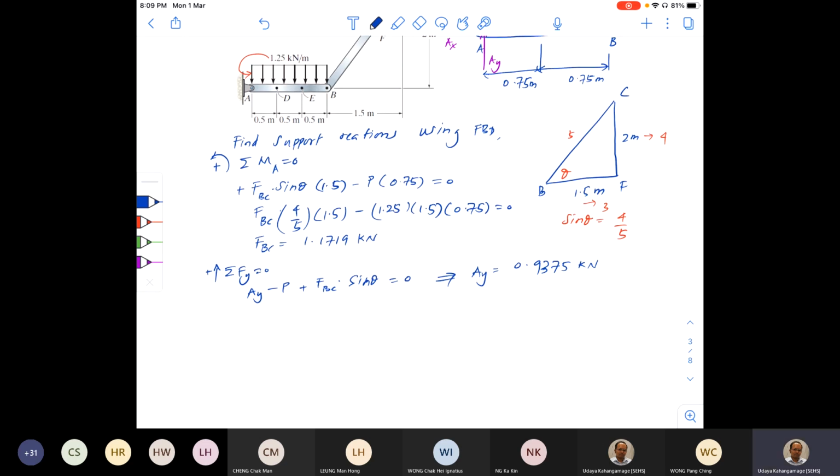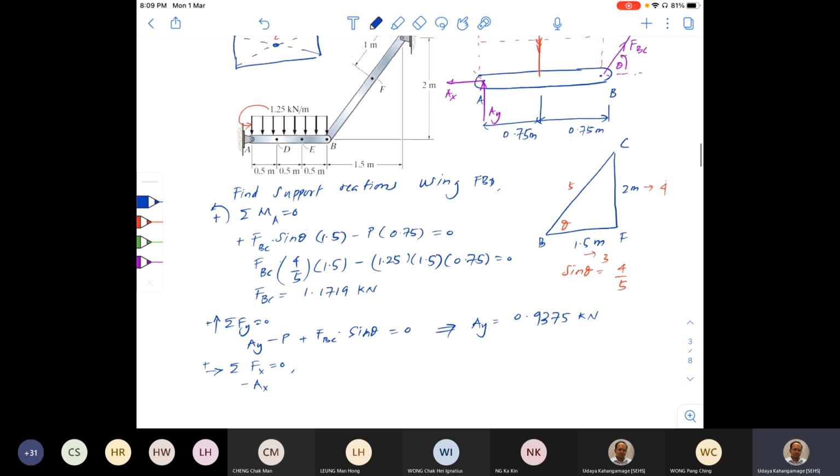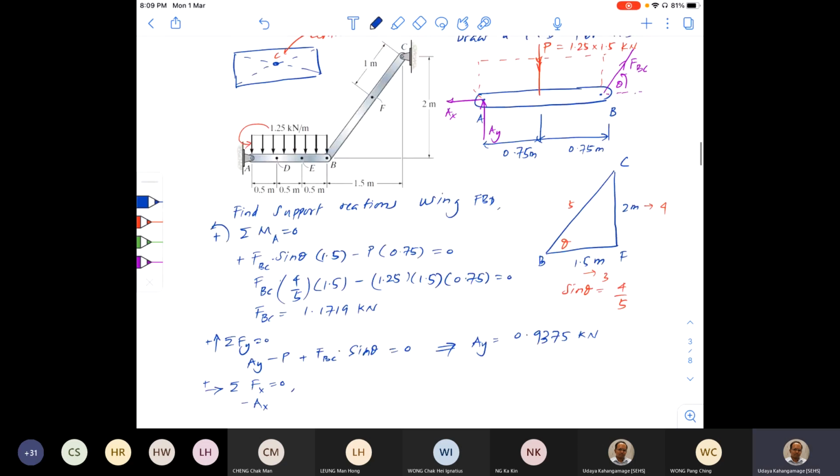Okay, to find out AX, you write your force balance in X direction. Negative AX. Now I assume that you can do this one by yourself, okay? Negative AX. AY and P will not come in this equation. And FBC's horizontal component, right? That is in the positive direction, therefore it is FBC times cosine theta. So what is the cosine theta here?